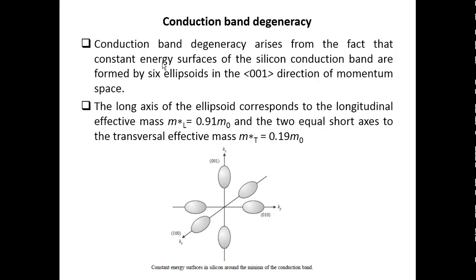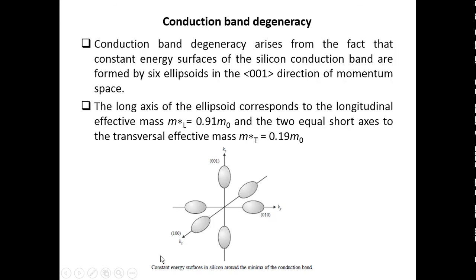And what is meant by conduction band degeneracy? The conduction band degeneracy arises from the fact that constant energy surfaces of the silicon conduction band are formed by 6 ellipsoids in the 0, 0, 1 direction in momentum space. So the conduction band degeneracy can be explained in momentum space.